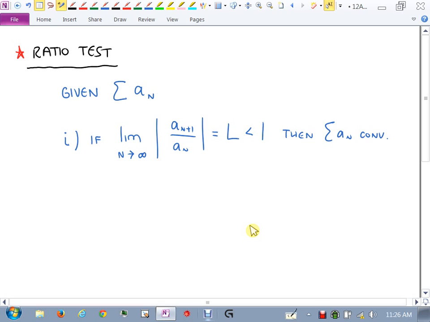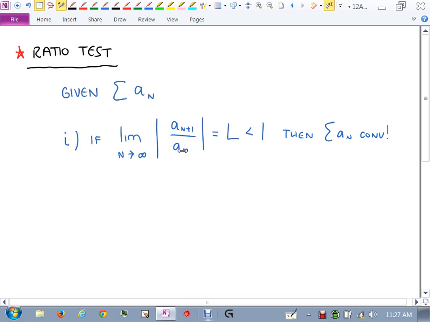The great thing about this test, and I'll point this out as we move ahead, is that this test does not care if you're an alternating series or not. You can use this on a series that's alternating or not, and because you're going to take an absolute value, it won't matter. Look at what the ratio test is doing. It's a ratio of the n plus 1 term divided by the n term.